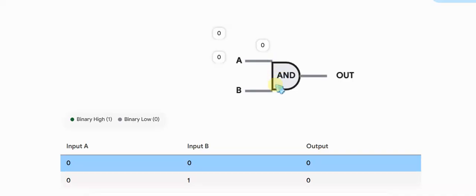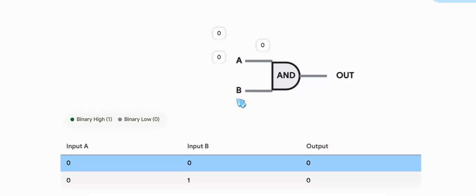This is the way we draw an AND gate, and then you can see that when both the signals are evaluated, a single output will be there. Here you can see this is the A input and this is the B input, and finally what will be the output once it is evaluated. All right, so we can see that this is the combination. So this is the way we draw.